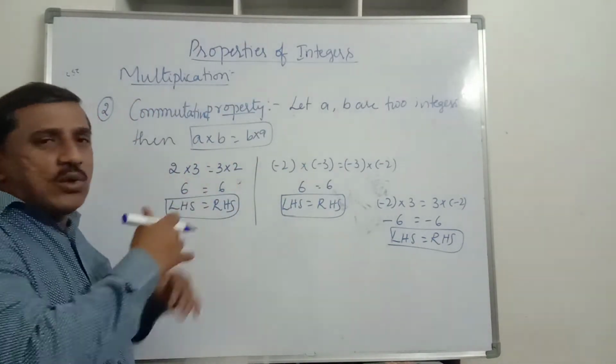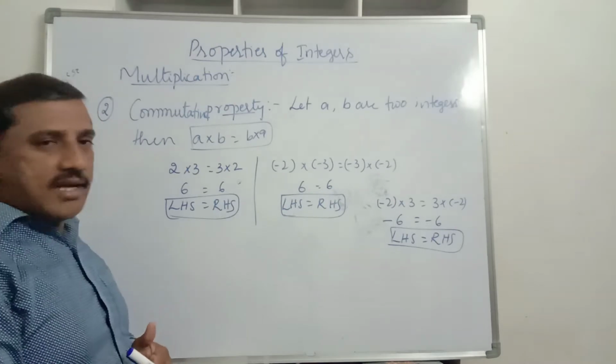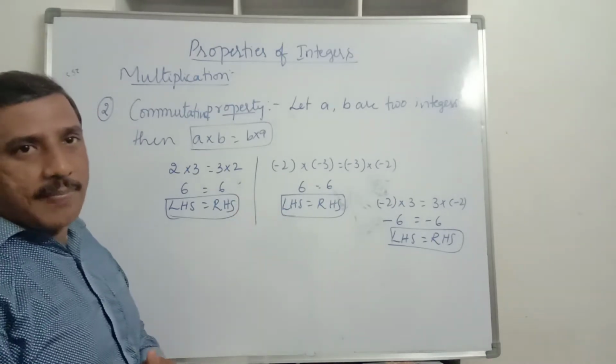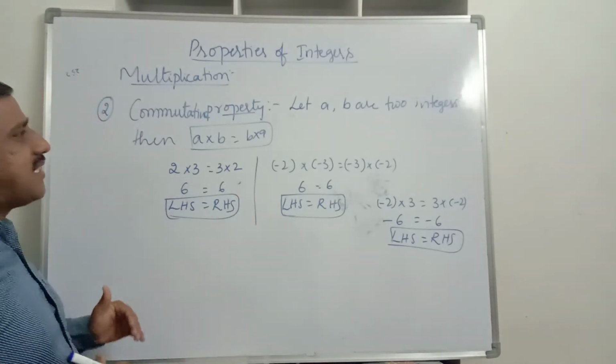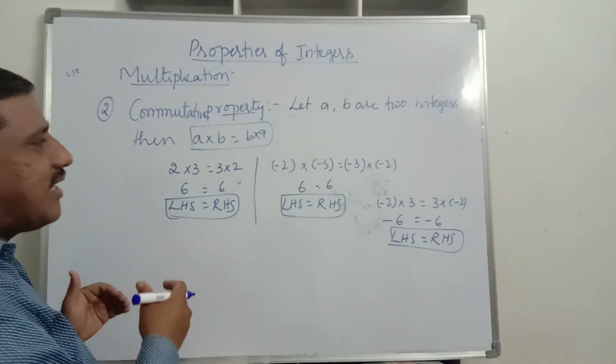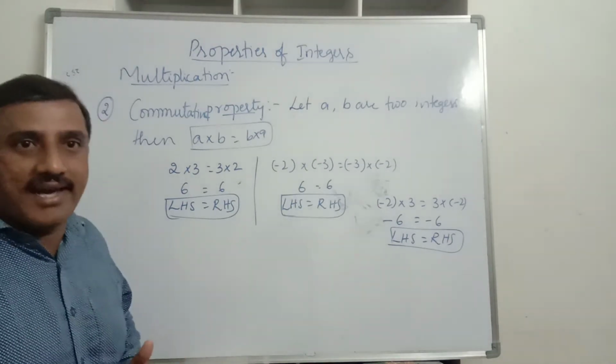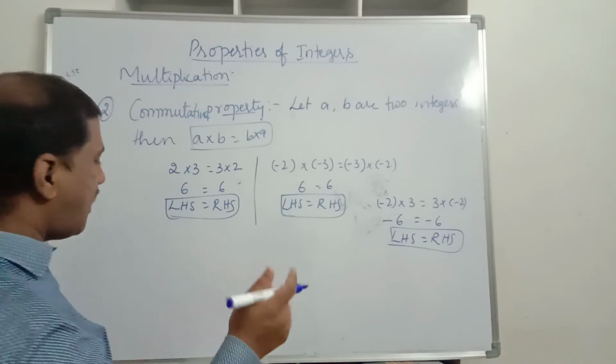If you take any two integers, these three examples, their product will always be the same irrespective of their order. Irrespective of their order.